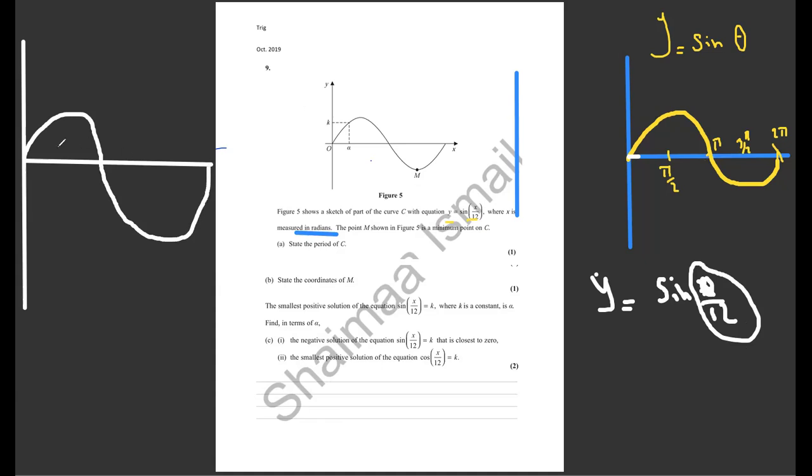So instead of writing pi, you're going to multiply it by 12, so this would be 6 pi.